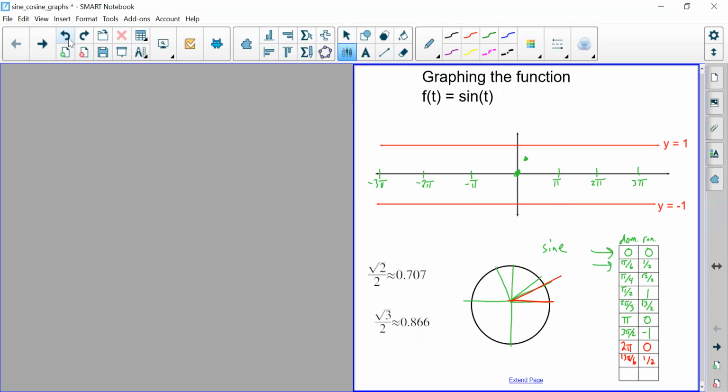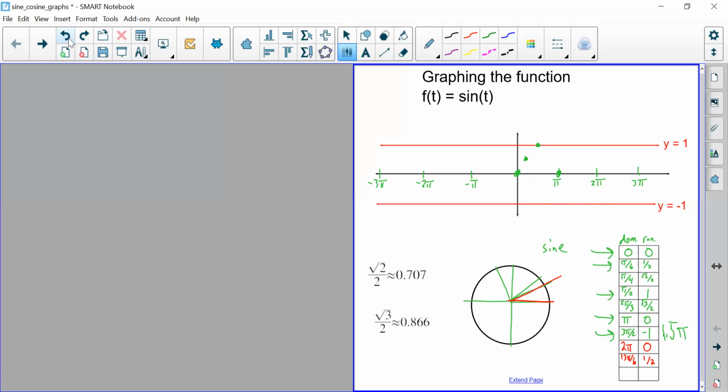And then skipping on ahead to pi over 2. So half of pi would be right in the middle there. Half of pi results in 1. Pi results in 0. 3 pi over 2, that's the same thing as 1.5 pi's. So here's 1 pi, here's 2 pi, 1.5 pi is right in the middle.